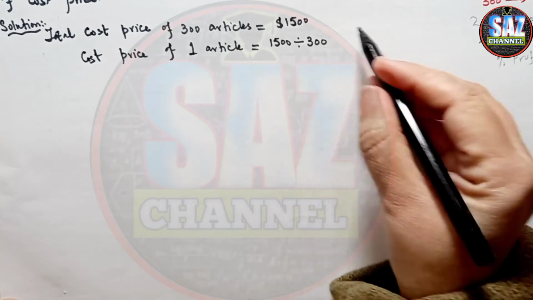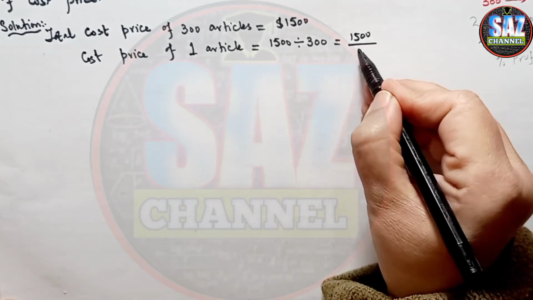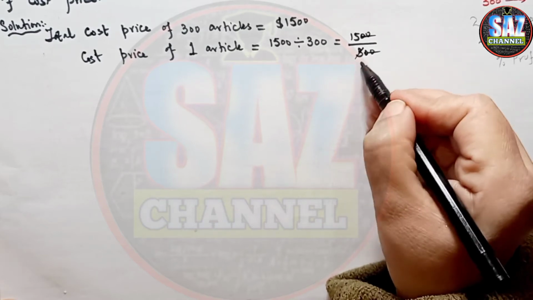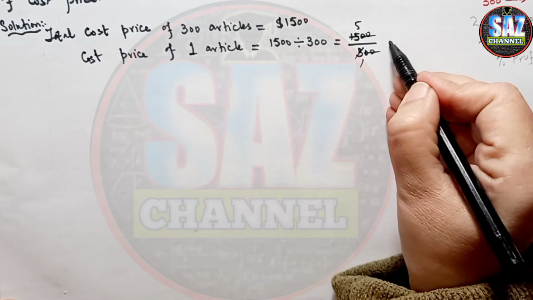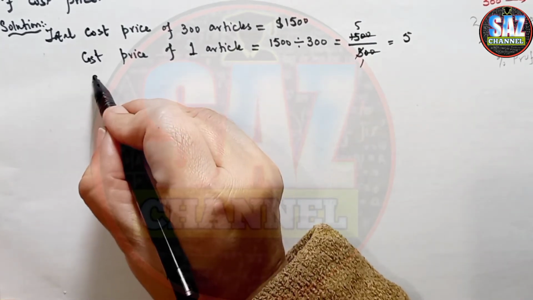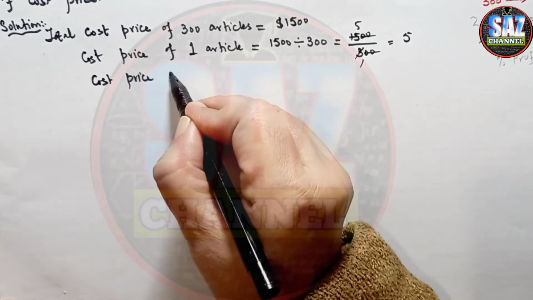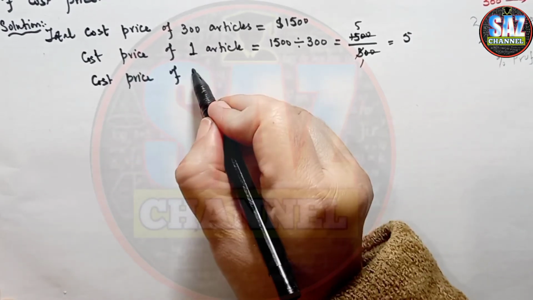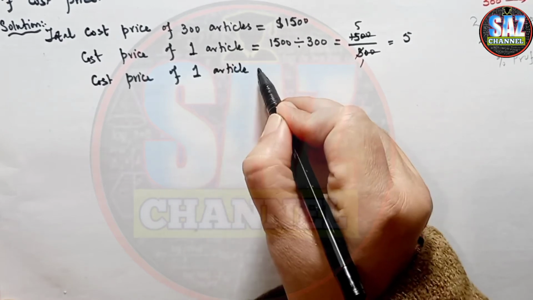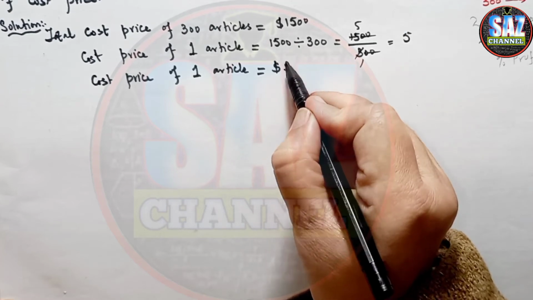The zeros go, and 3 ones are 3, 3 fives are 15, which is equal to 5. So the cost price of one article is $5.